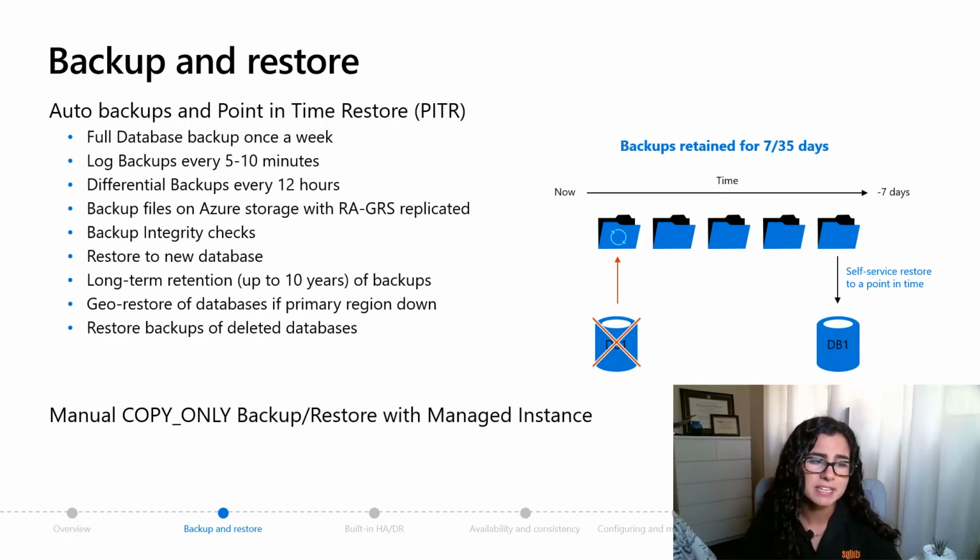We also have capabilities like long-term retention. If our 7 to 35 days isn't long enough for you, you can get up to 10 years of backups with long-term retention. This even includes a deleted database.